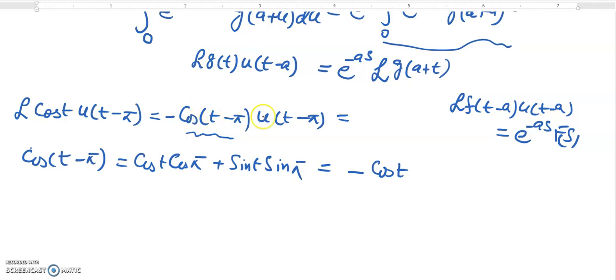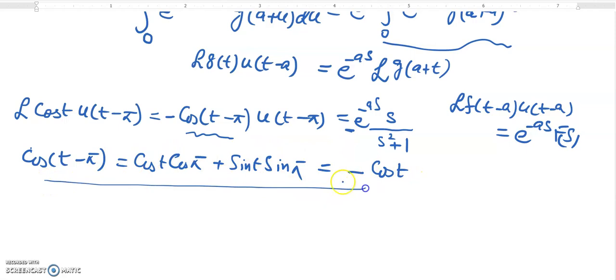So we can write it like e power minus as, and for cosine of t it will be s over s square plus 1, and there will be a negative sign over here. So in this way this approach will work.